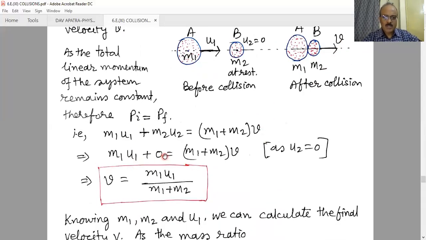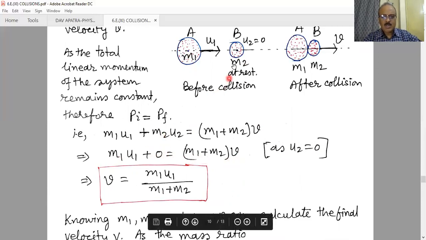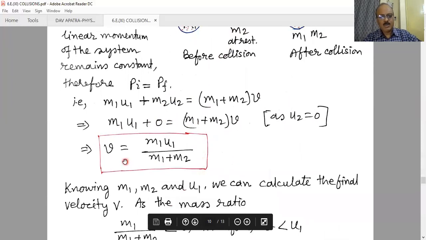So m1 u1 + 0, because the second object B was initially at rest, equals (m1 + m2) v. Even if it has a velocity u2, we get m2 u2, and at that time also we can find the velocity v.